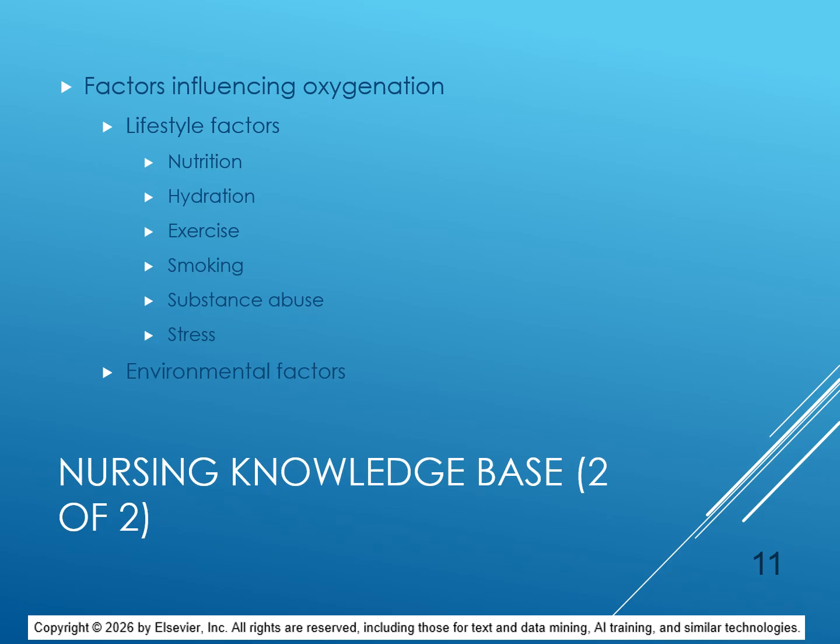Fainting or a thickening of respiratory secretions. And this makes it a bit harder for the patient to expectorate the secretions. Okay? So these are all the lifestyle factors that can cause deoxygenation or poor perfusion.